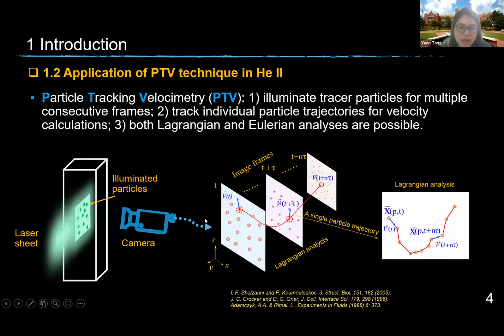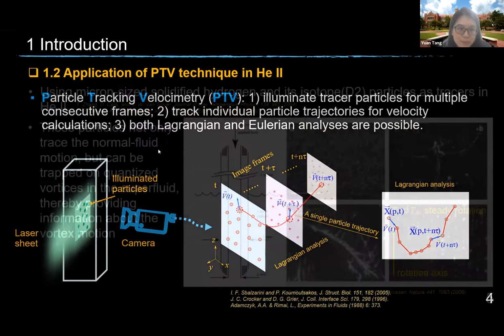Using a computer algorithm, spatial locations of those particles will be identified. Then positions in multiple frames for each individual particle will be tracked to link its trajectory. By tracking individual particles, their velocity can be calculated. Using this method, both Lagrangian and Eulerian analysis are possible.